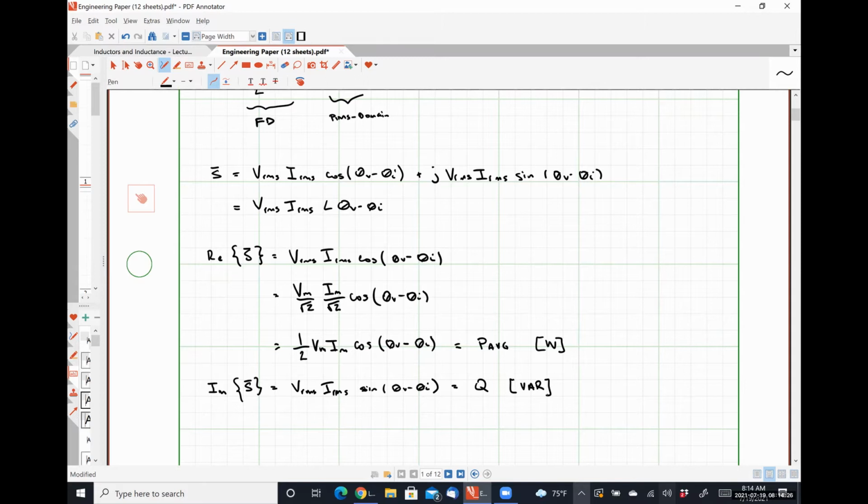So kind of jumping ahead a little bit, if you have a load that is drawing reactive power, that means that the power company has to be able to supply a certain amount of power, even though some portion of that is immediately going to get sent back to them. They still have to burn the coal or utilize the turbines or whatever.